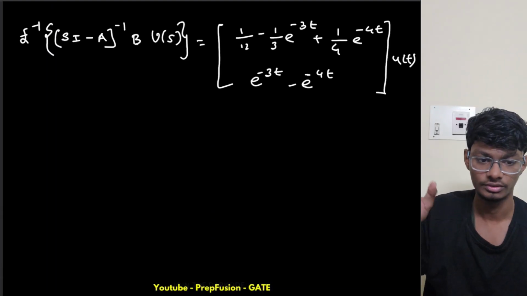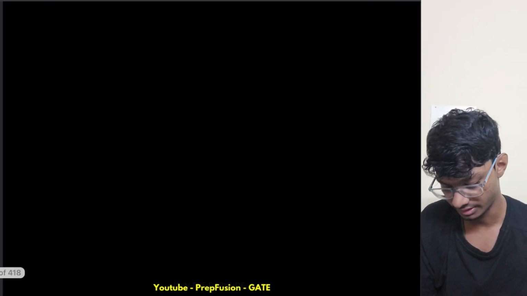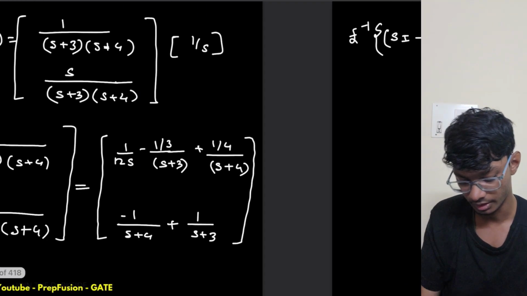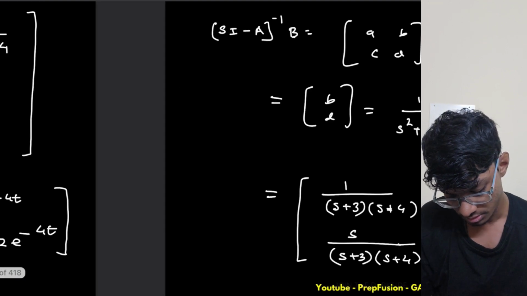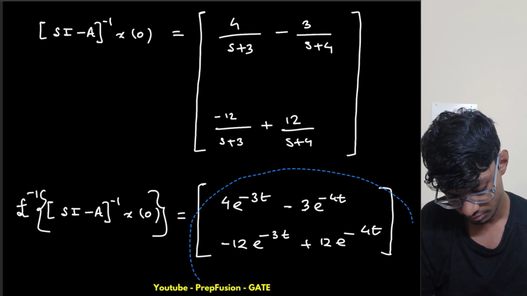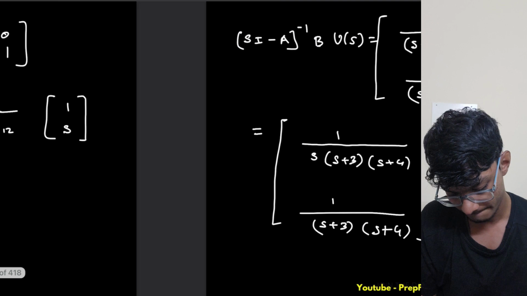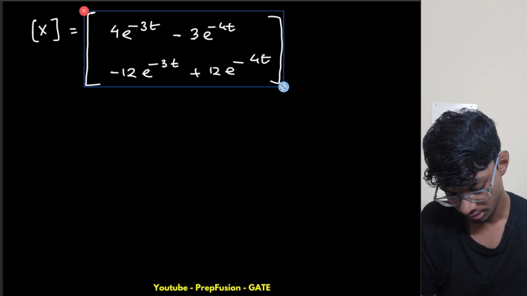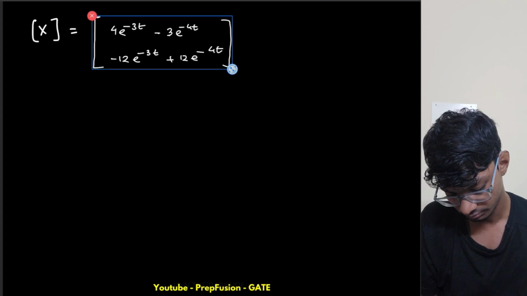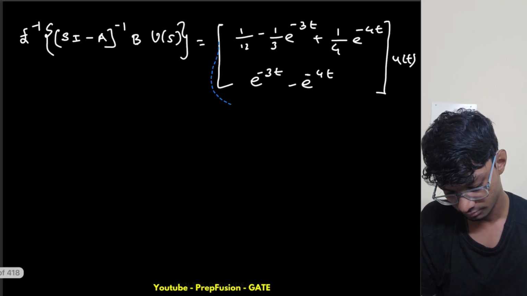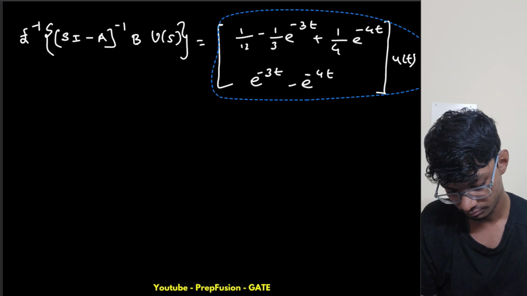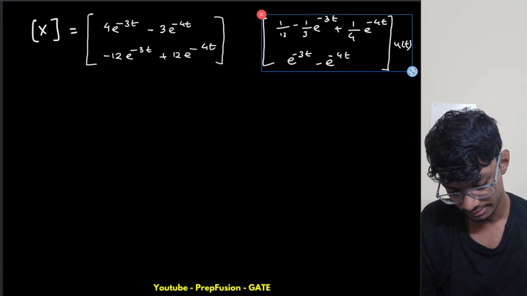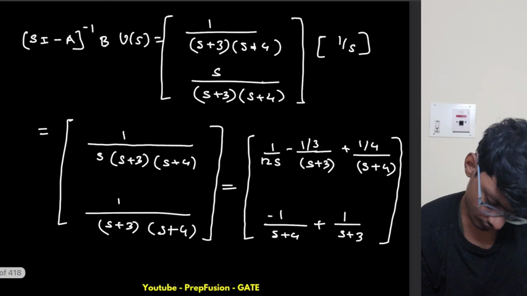What I will do is simply add these two. So my final response, final x, will be the simple addition of the two. I hope you got the same answer as me. So this one will be equal to x of 0, I will reduce the size a bit, and this one will be due to the input. And u of t will be here also, I forgot to add u of t here.